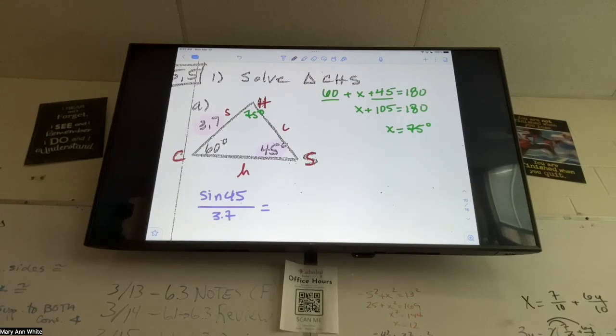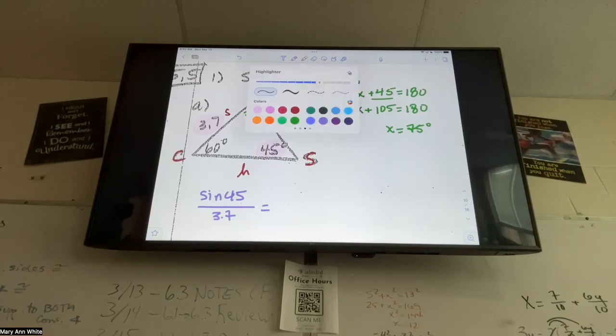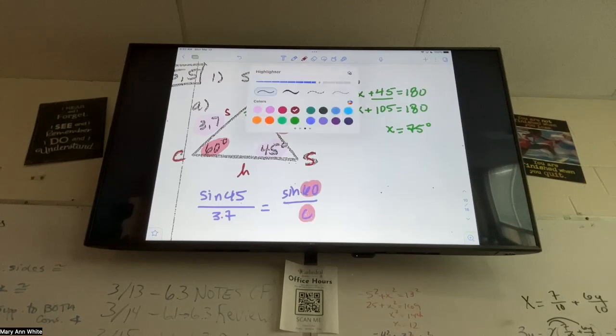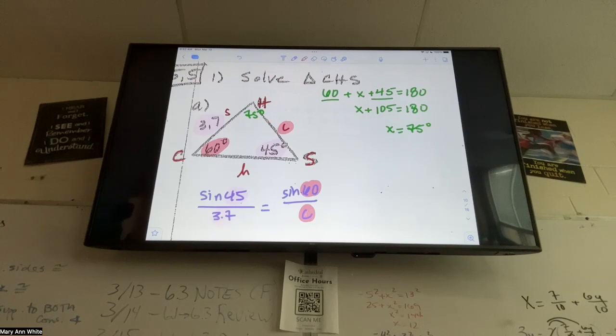It doesn't really matter to me, just commit to one or the other. So let's find little c first. I'll do sine of 60 over little c. See how 60 and c went together, and how 45 and 3.7 went together, because those are the opposite ones.